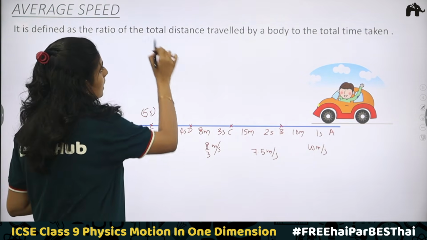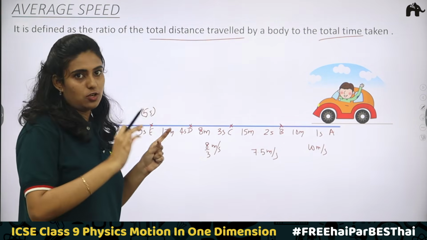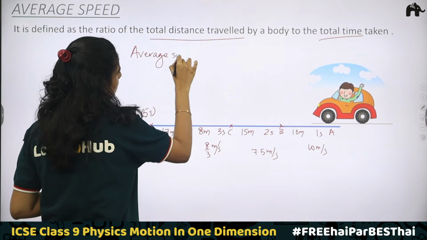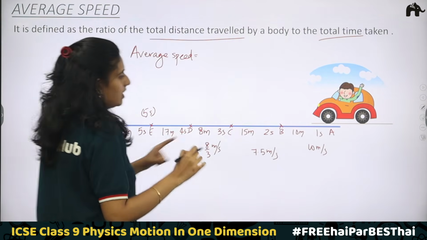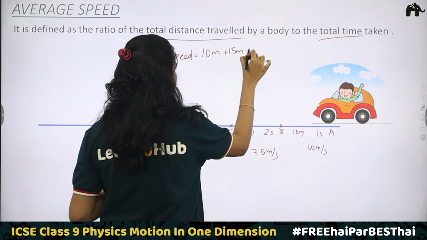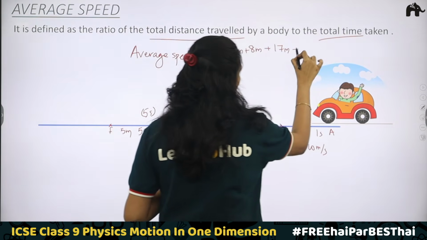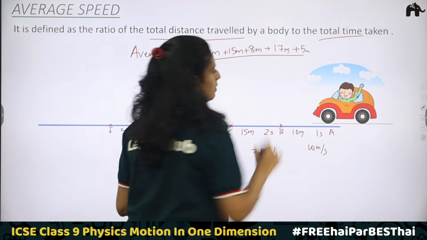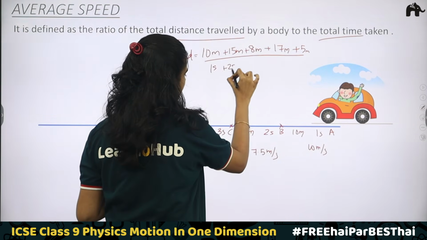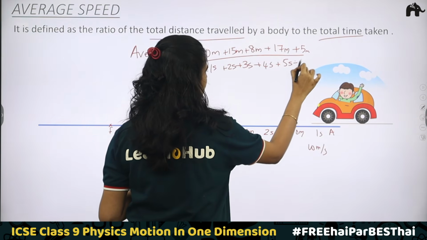You will be taking the total distance travelled and the total time taken separately and take the ratio of them to get the average speed. Therefore, average speed is equal to the total distance travelled, adding all the distances, that is 10 meters plus 15 meters plus 8 meters plus 17 meters plus 5 meters, whole divided by the total time taken, adding 1 second, 2 seconds, 3 seconds, 4 seconds, 5 seconds and again 5 seconds.